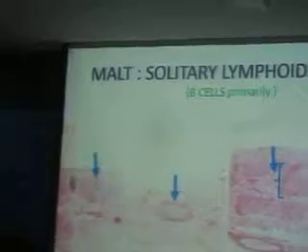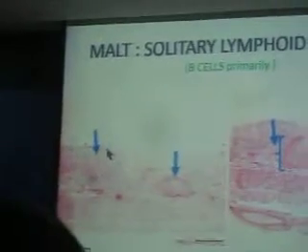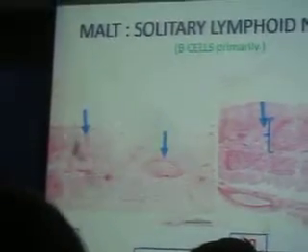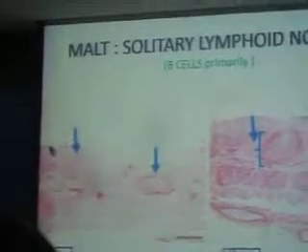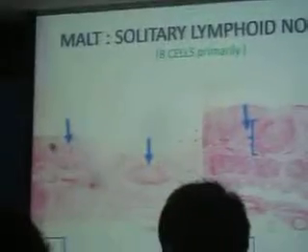Here you have the intestinal tract. You find it in the mucosa layer, in between your epithelial lining, either as a solitary nodule or in groups.